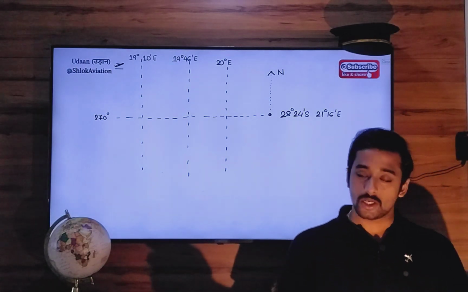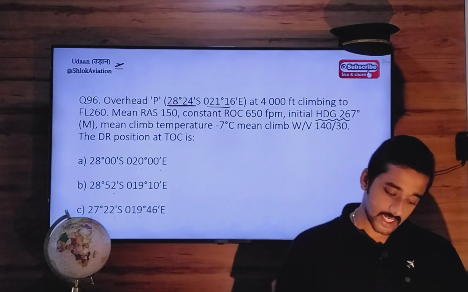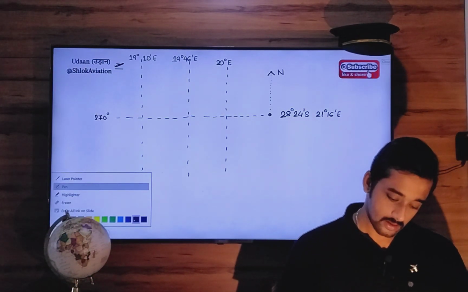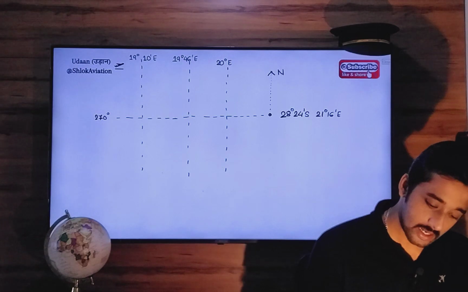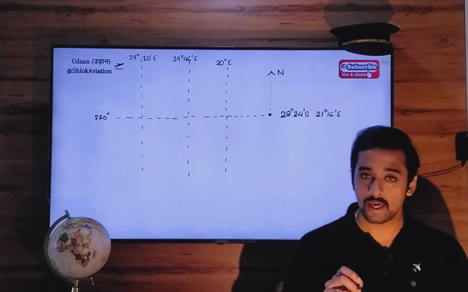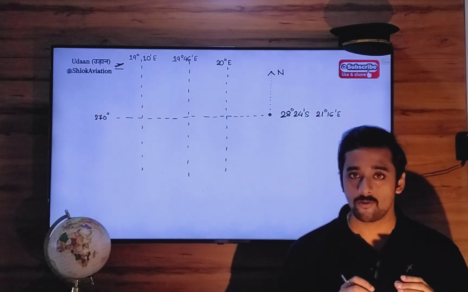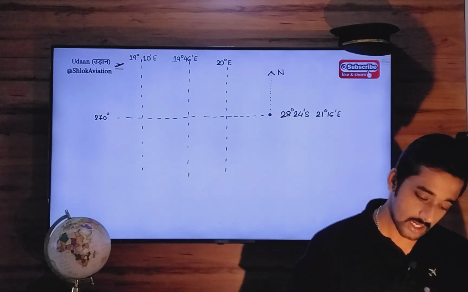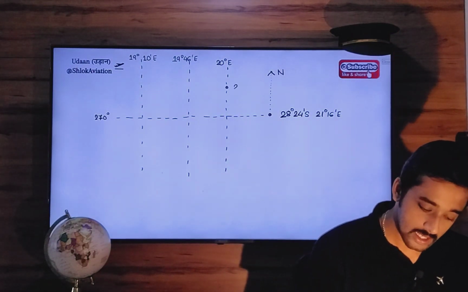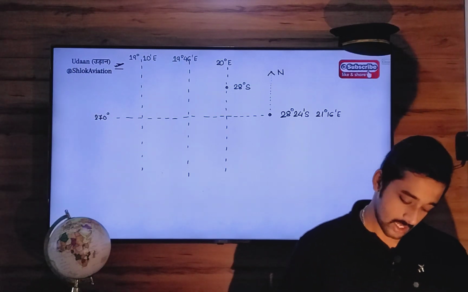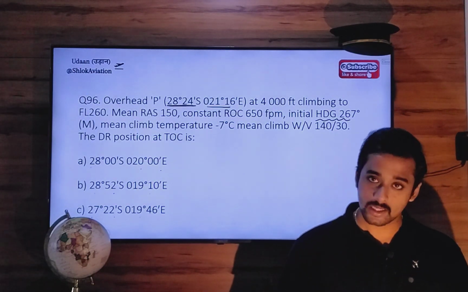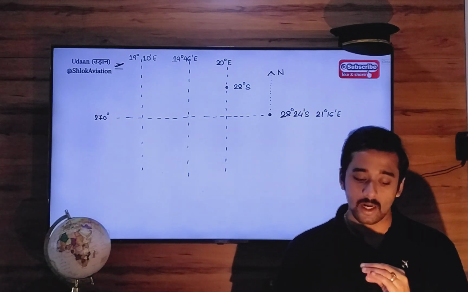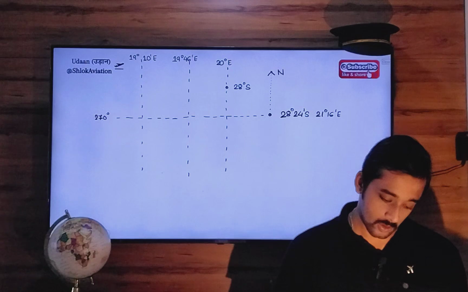Now the latitude positions. 28 degrees south will be to the north of 28 degree 24 minutes south, because we are in the southern hemisphere. So 28 degrees south is, let's say, here. Next, 28 degree 52 minutes south will be to the south of 28 degree 24 minutes south, because it is more in value.